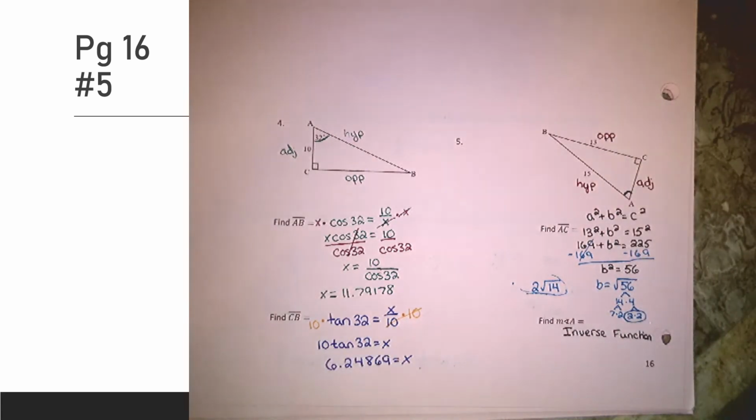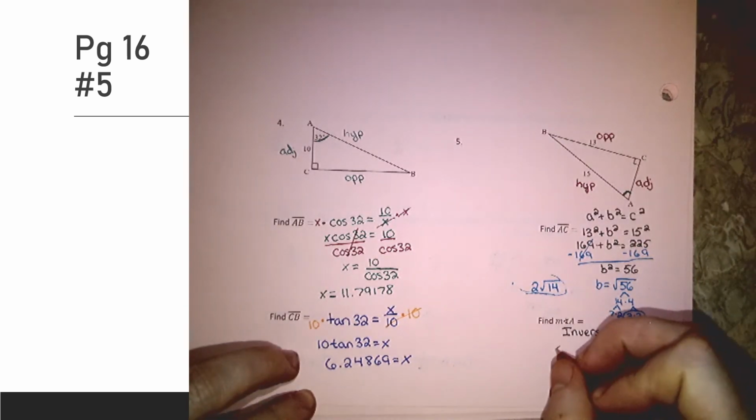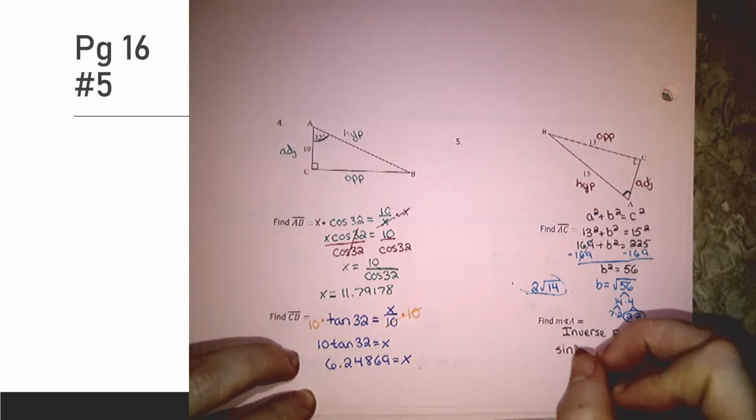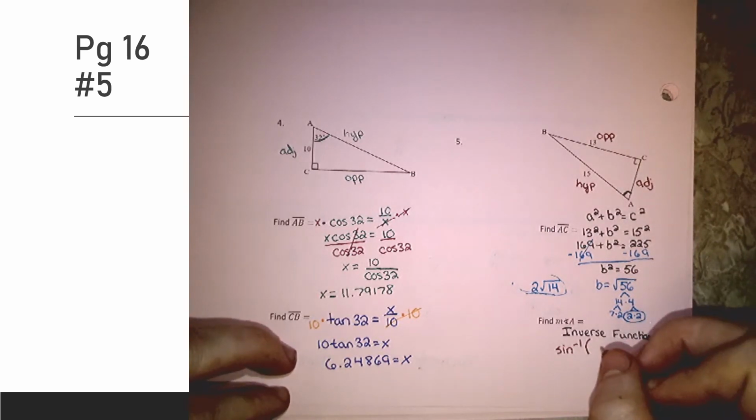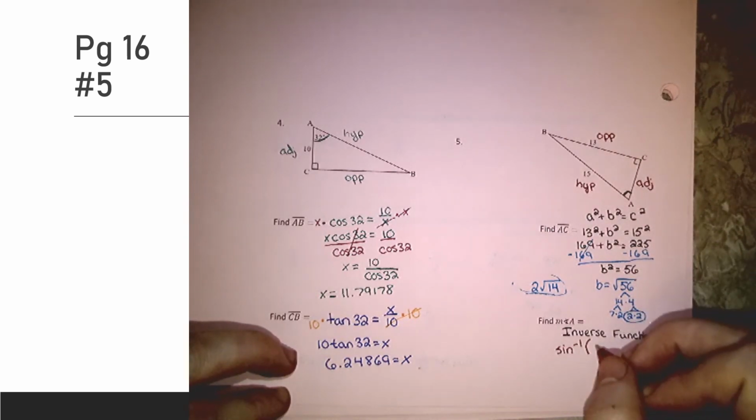So the ones that we have values at is at the opposite and the hypotenuse. The only one that uses opposite and hypotenuse is sine. So I want to do the inverse function of sine times opposite over hypotenuse.